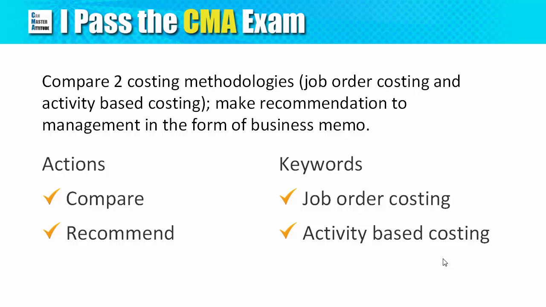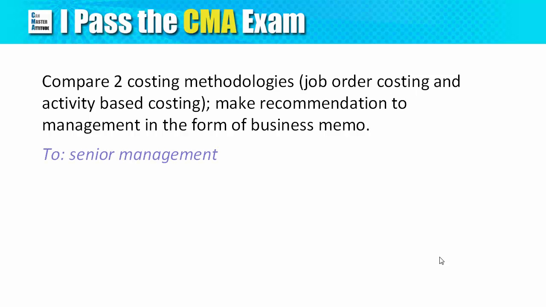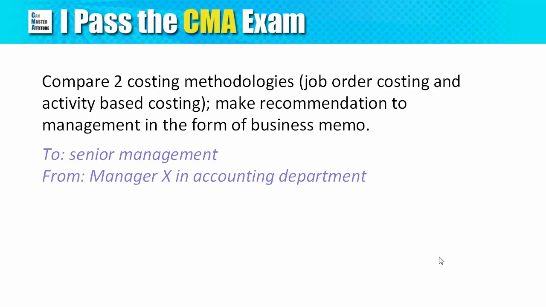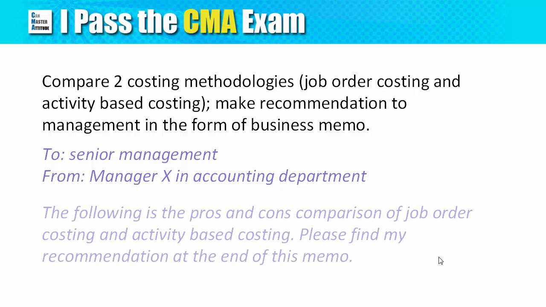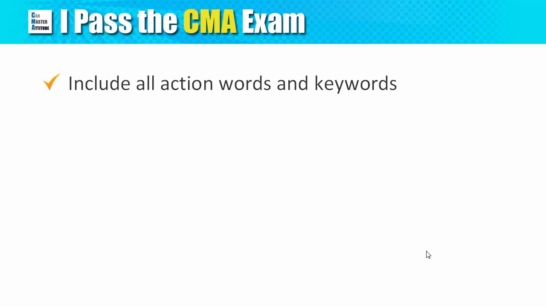In this case, I would write, to senior management, from Manager X in the accounting department. The following is a pros and cons comparison of job order costing and activity-based costing. Please find my recommendation at the end of this memo. Make sure all the action words and keywords are included.